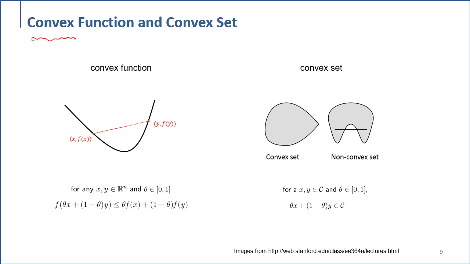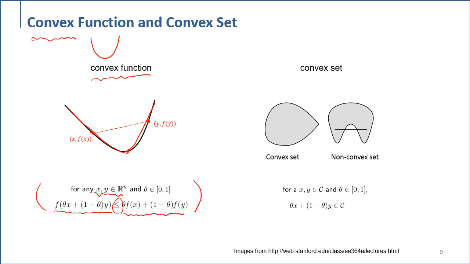Convex has a shape like the outside of a bowl. In Korean, we call it 볼록한. So a convex function is a function whose graph is bowl-shaped. In a mathematical way, we can represent the convex function like this. For any x and y, the function value between the x and y points should always be smaller than or equal to the linear interpolation between f(x) and f(y).